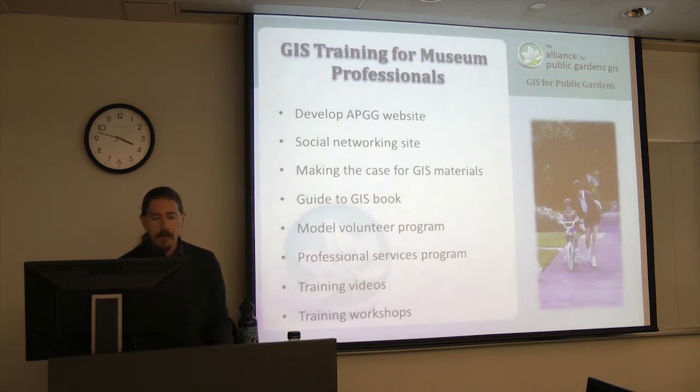And then we're doing a series of training videos on how to do some of the stuff that we covered today and some other topics of interest, how other gardens do GIS. And then it's been helping to fund some of these workshops that we've been doing.